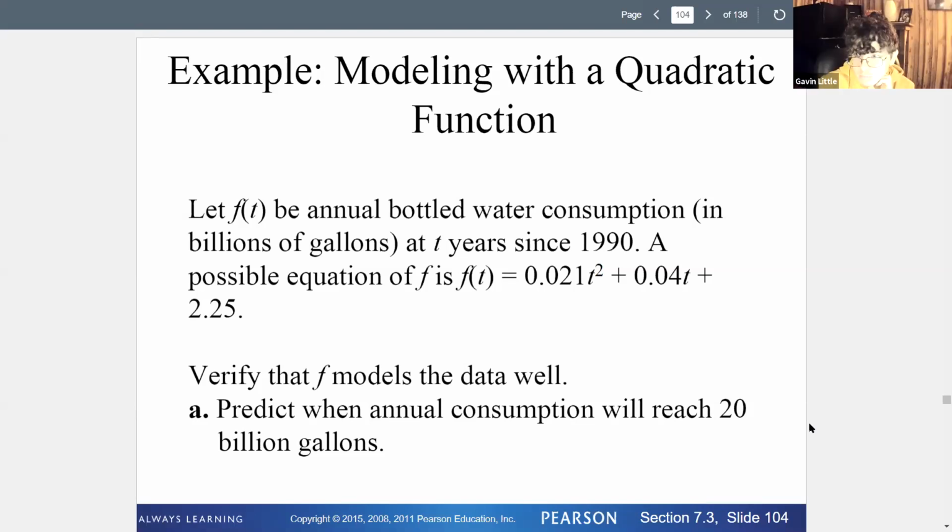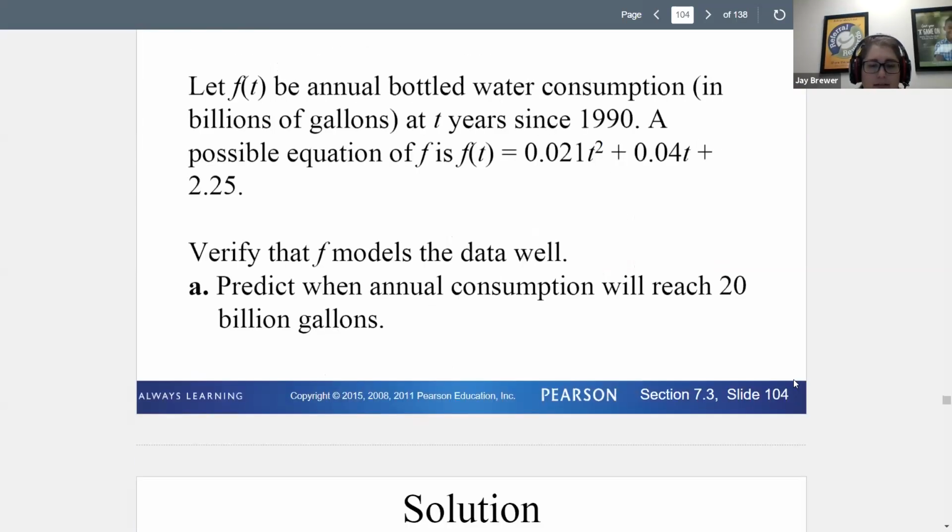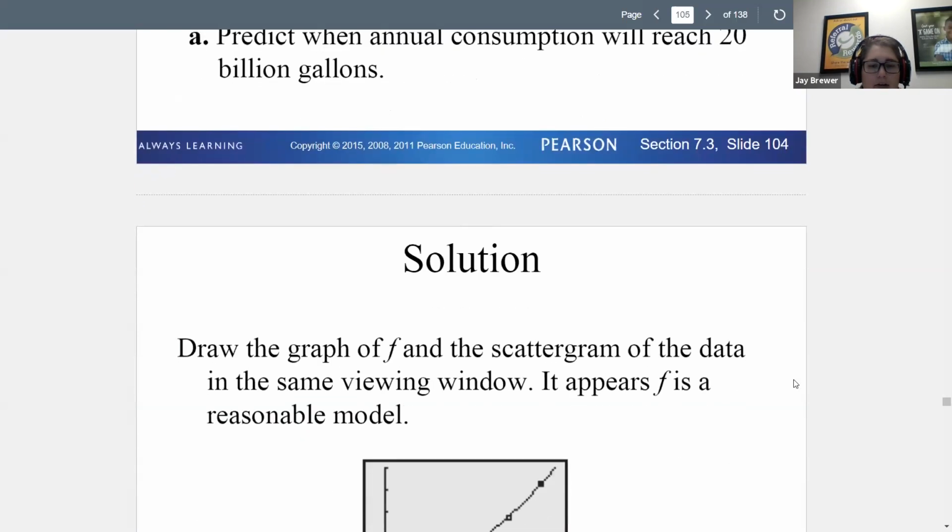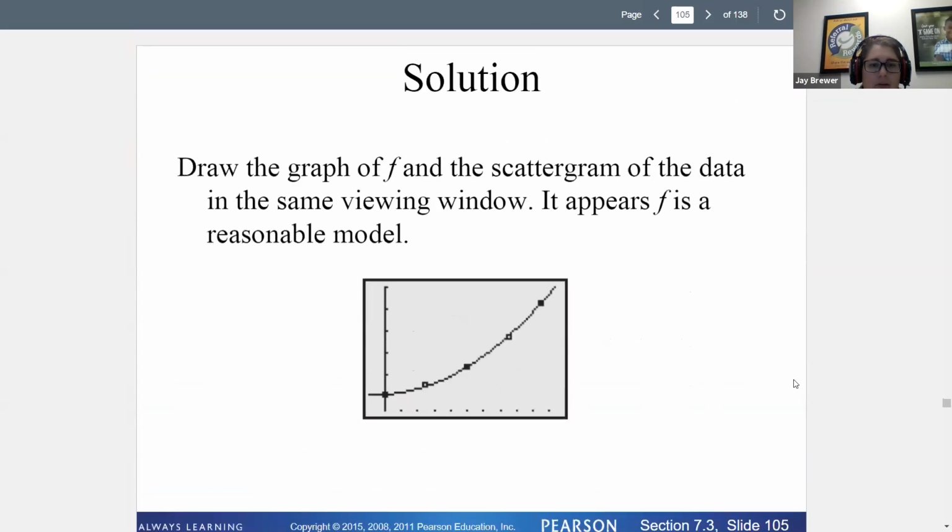T? Well, T is typically time, right? So, oh, the F of T? There you go. That's what we wanted to realize. So yeah, you're going to go ahead and put it in for F of T.